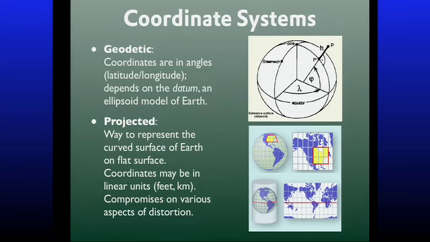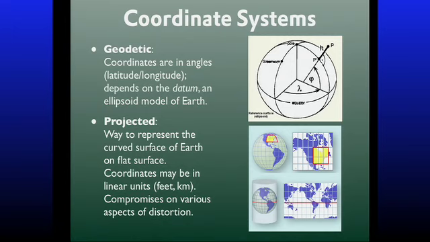And then there are also projected coordinate systems, which are a way to represent the curved surface of the Earth onto a flat surface. They usually only cover, say, South Texas or the whole of North America. And with projected coordinate systems, you can actually have units that are not angular. In fact, you could have units in feet or kilometers.